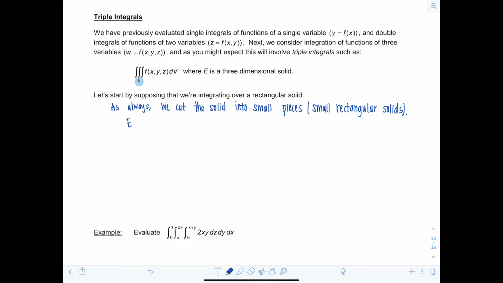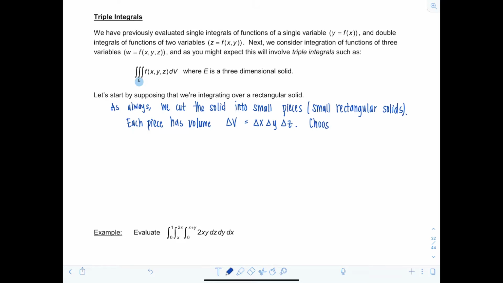Now, each piece has volume given by delta V, which can be found by taking delta X times delta Y times delta Z.